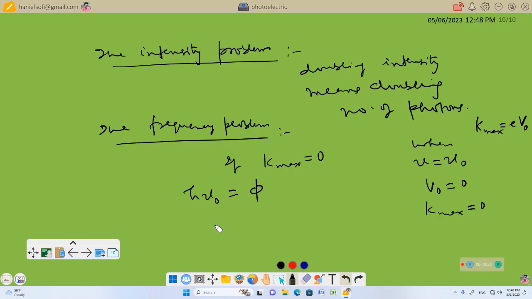So at this particular energy, the photon will make the electron free, but there is no energy for the electron to move and reach the collector. There will be no photoelectric current.